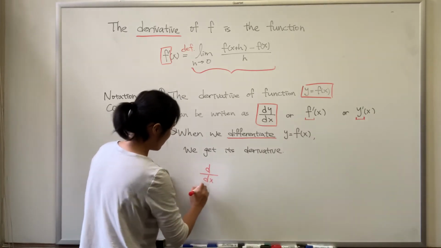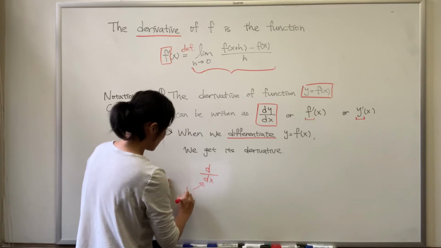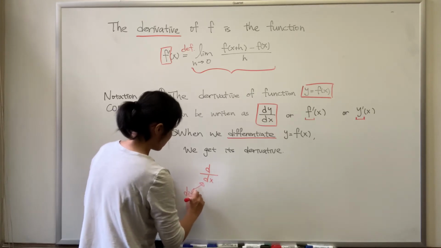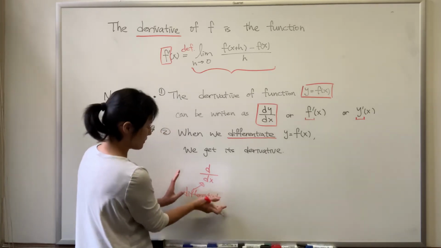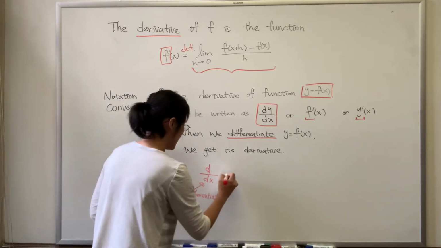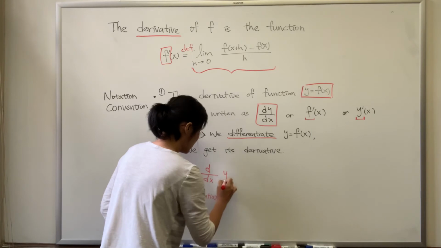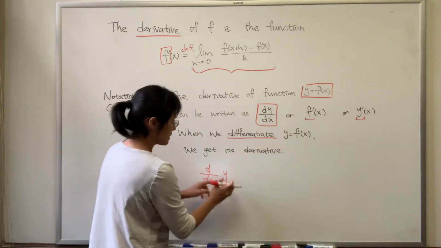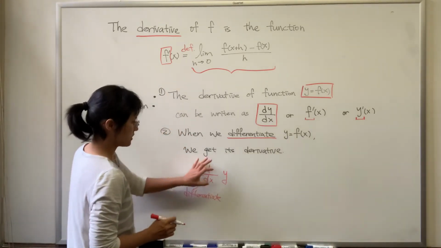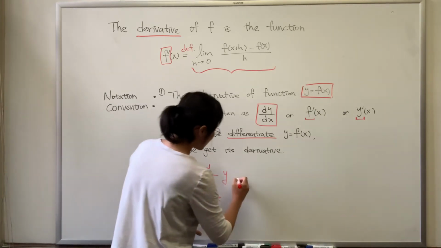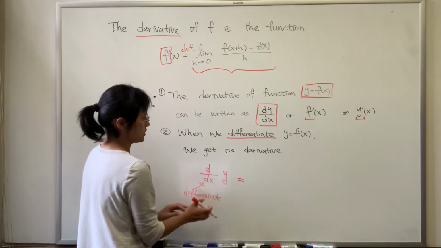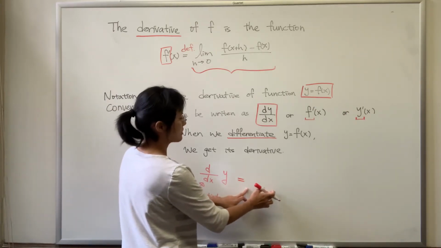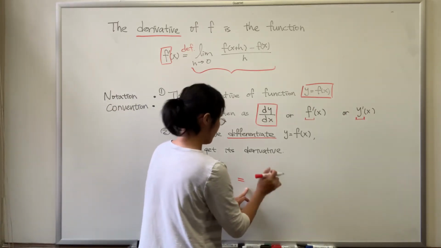This is the verb, means differentiate. Now you have a verb acting on a function, so differentiate this function. Okay, so then the outcome of this action is you get the derivative of y.